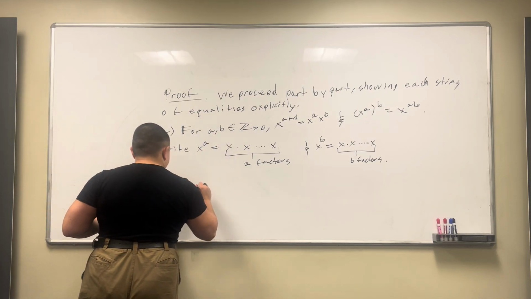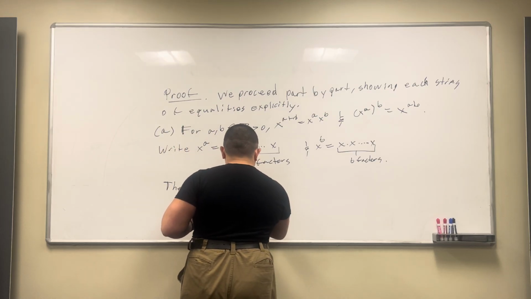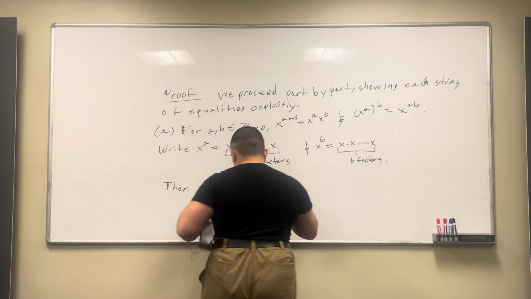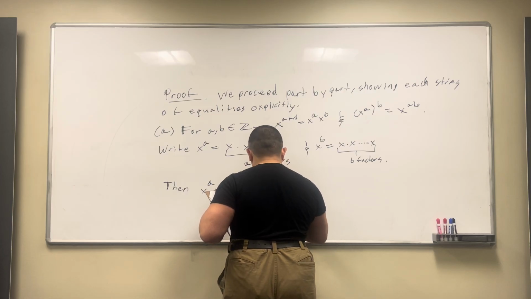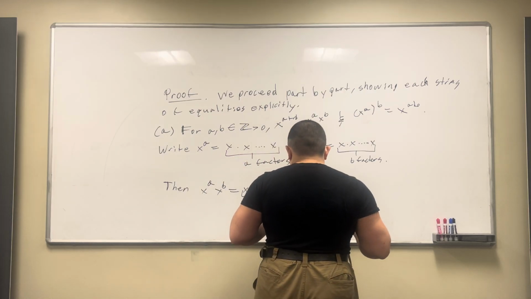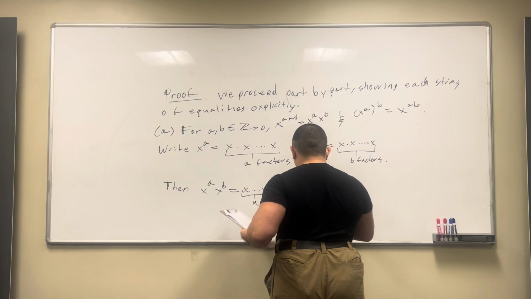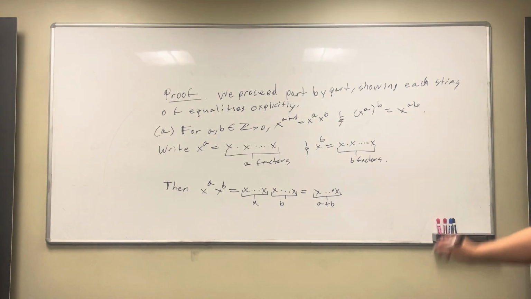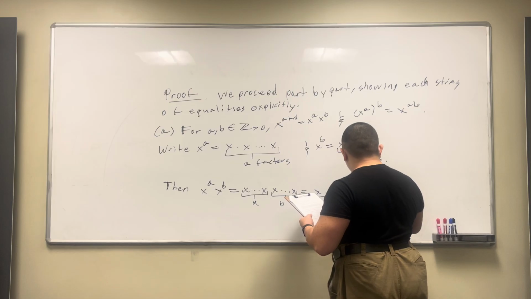Well, x to the a times x to the b is equal to x times x until we run out of a factors, and then that's multiplied by x until we run out of b factors, which is equal to, as you would imagine, x multiplied by itself until we run out of a plus b factors, which of course would be equal to x to the a plus b.